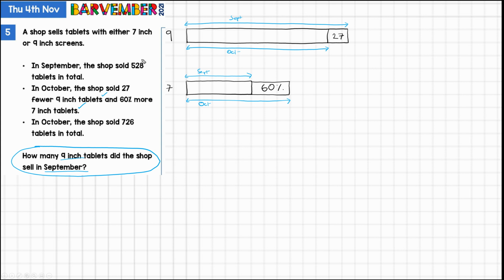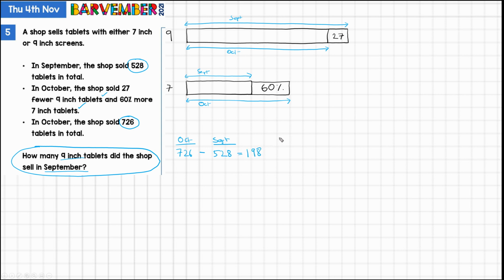Okay, we also have the two totals here, and we know that that's going to be important. The difference is going to be important, isn't it? So let's do that. We've got October, and that is 726. Subtract the sales for September, which is 528, and that gives us 198.